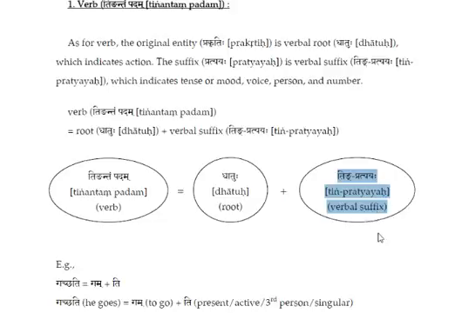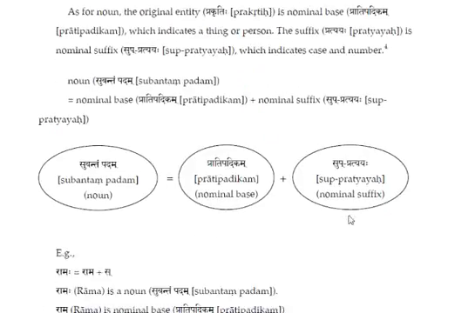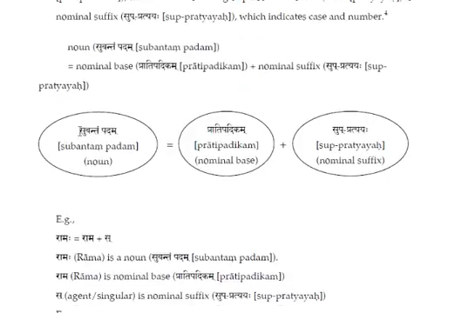As for the noun, Subantam Padam is a noun, and the Prakriti is Pratipadikam, the nominal base, which indicates a thing or person. And then Sup Pratyaya is a nominal suffix, which indicates the agent or object, etc., and the number.